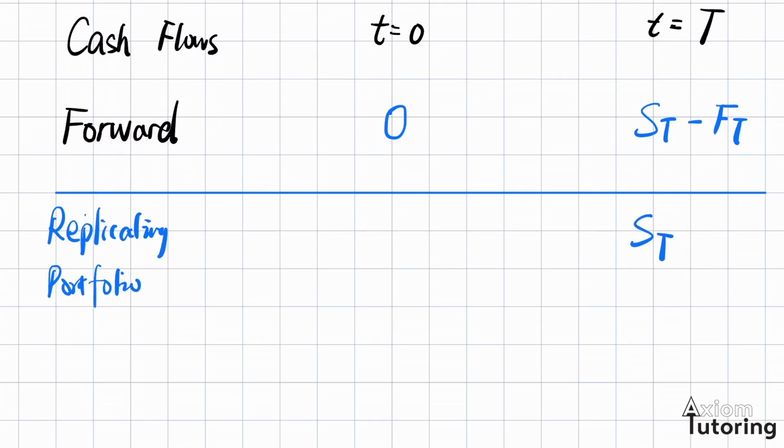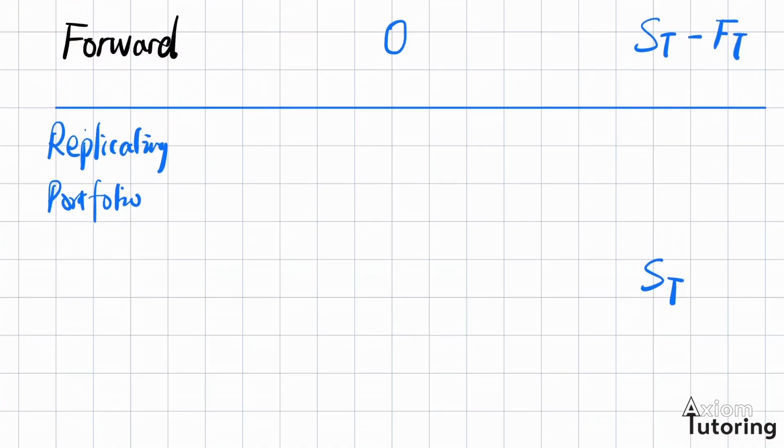So if you're going to get a cash flow of S_T at time T, which means you're selling something at the price of S_T, then how do you do that? You must buy that underlying asset right now. What is the price for that underlying asset right now? We call it S_0 here. Since we're buying it, that's going to be a negative cash flow, or a cash outflow.